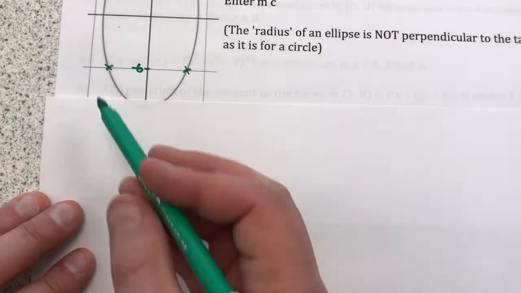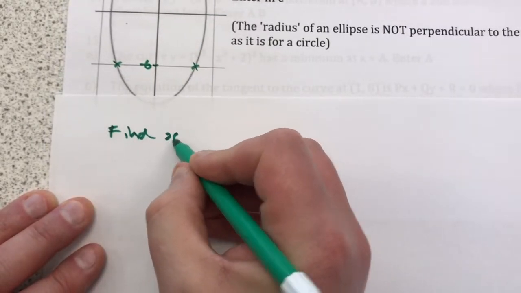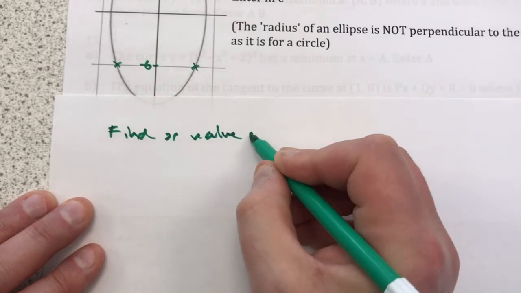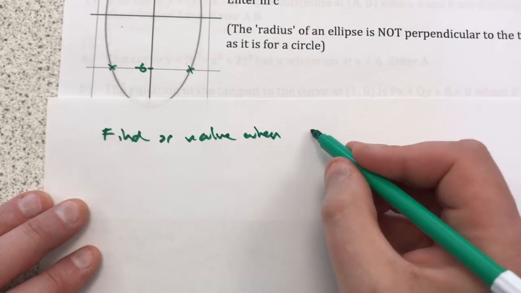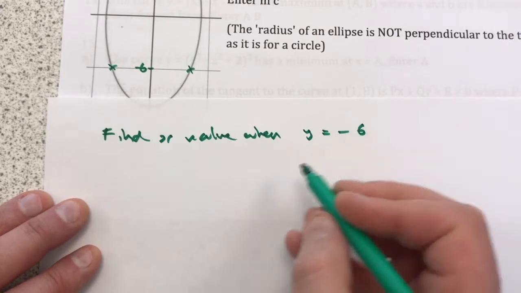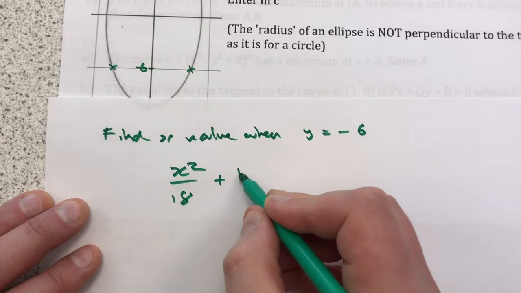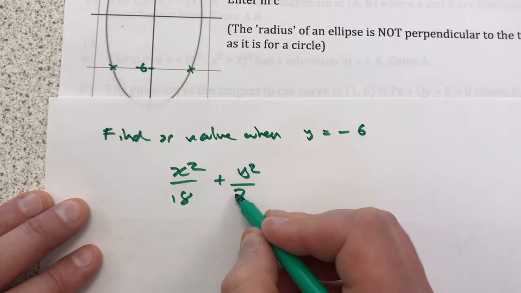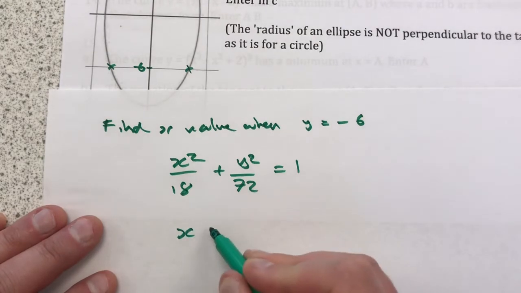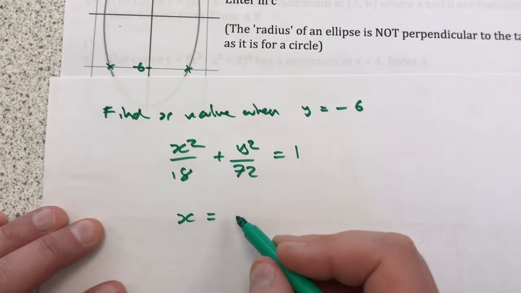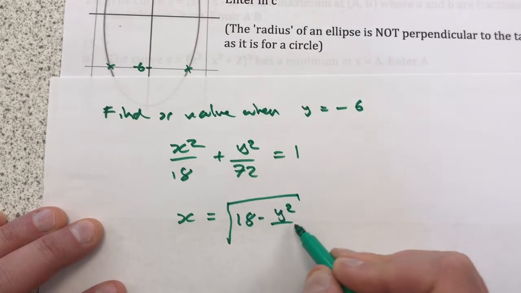So let's call that find x value when y equals minus 6, and we're going to be using x squared over 18 plus y squared over 72 equals 1. Rearranging that to make x the subject, we'll have the square root of 18 minus y squared over 4.